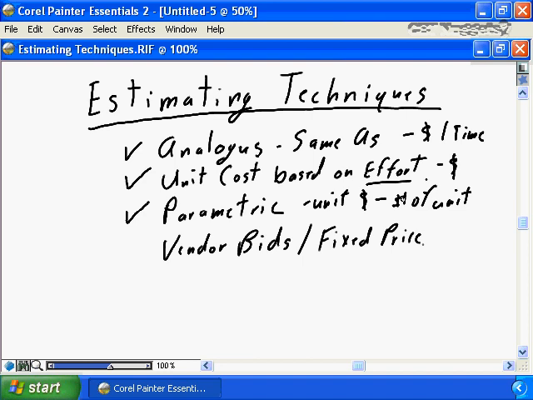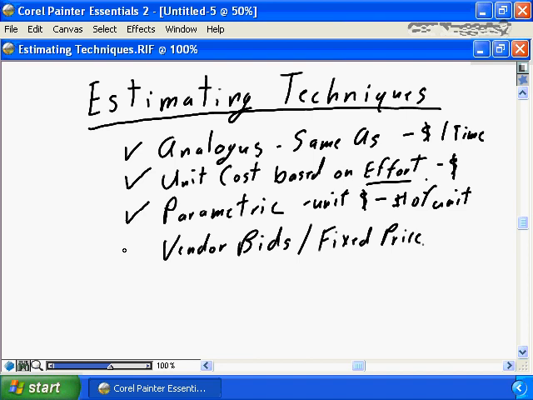You know how much it costs to produce a unit of X. To complete your work breakdown structure, you believe you need to produce 300 lines of code. You multiply that by your parametric value. You know you need to develop 200 square feet of retail space. You multiply that by your parametric value, and you come up with the cost for that specific work breakdown structure element.